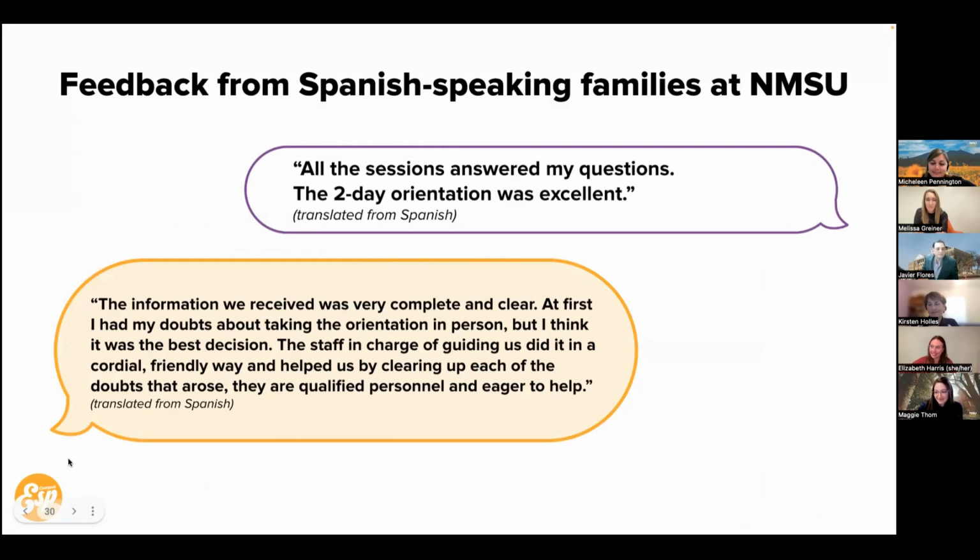And lastly, kind of tying back into the sentiment that Javier shared earlier on, you're doing all of this work, and the data speaks for itself that Spanish-speaking families are engaged, but sometimes it really can just be to have that spoken and shared by families, the impact that it's having on them directly, that can really put the data into perspective, how it's actually making a change in their lives.